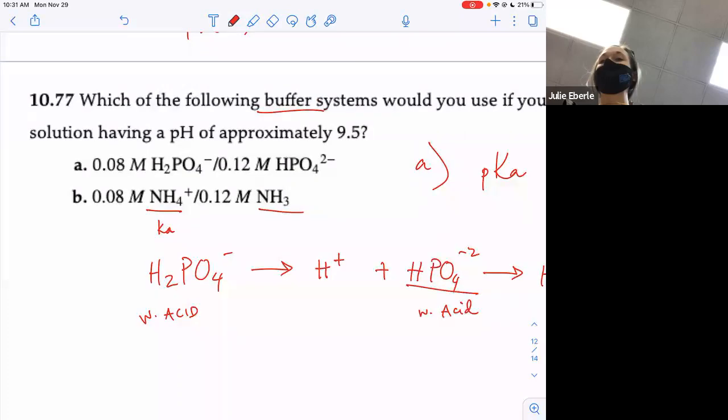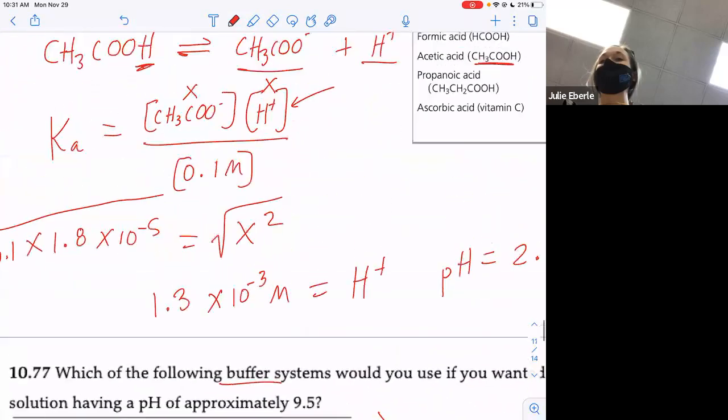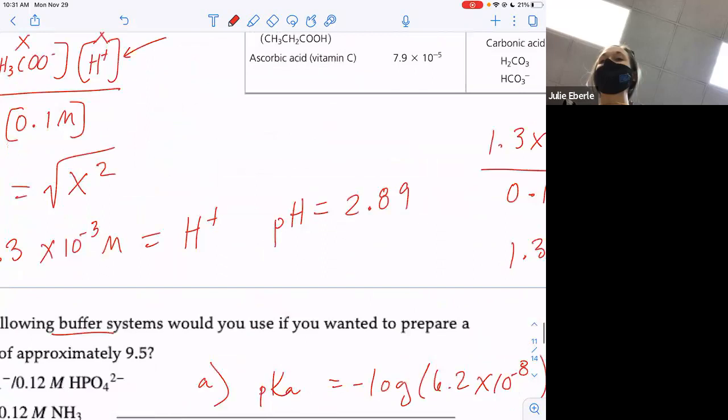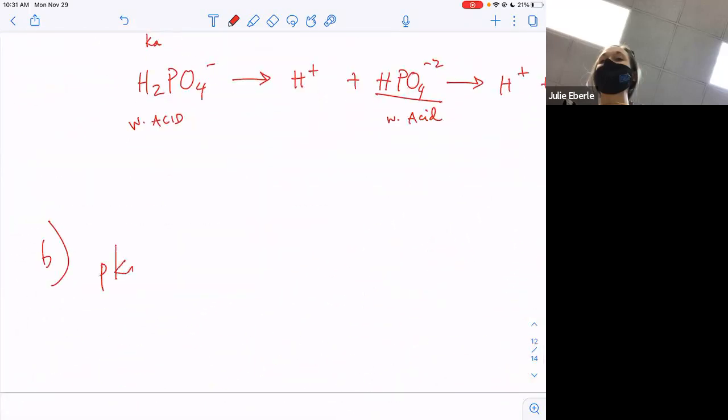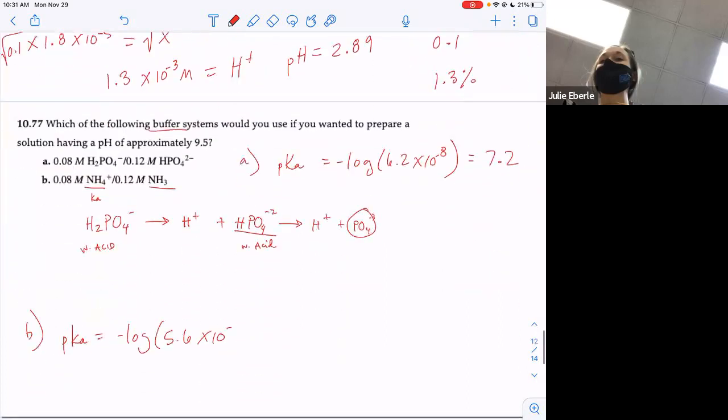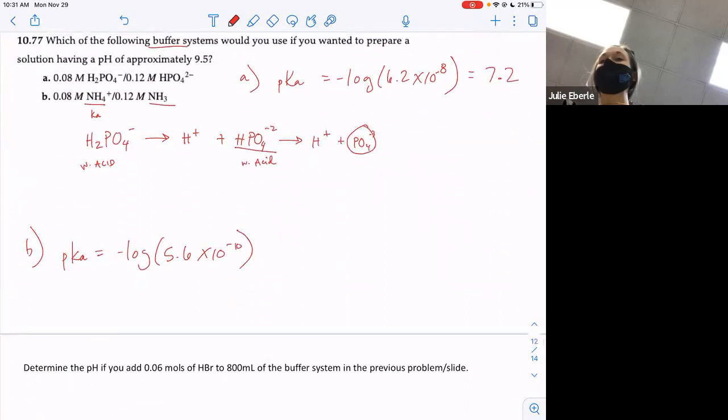When that dissociates and gives a hydrogen up, you're left with NH3, which is the conjugate base. And here it is right here, 5.6 times 10 to the -10. So we'll do the same thing, find the pKa. So pKa this time is the negative log of 5.6 times 10 to the -10. And what is the pKa here? Way closer. So I would want to use B, a buffer system like that.